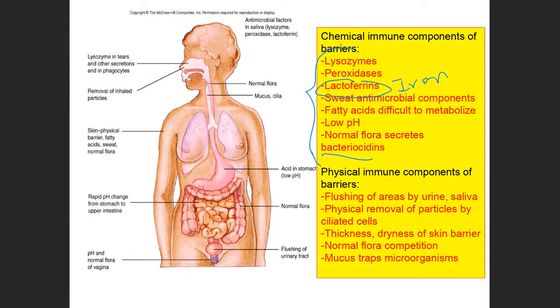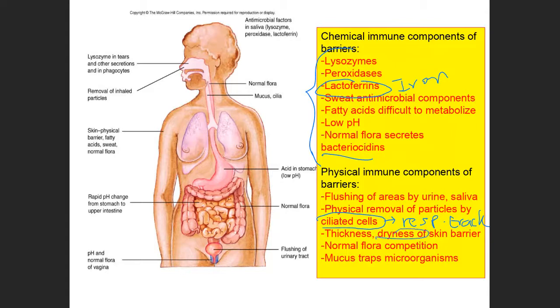So the physical components will be, again, just the washing by urine or saliva of an area that physically removes microorganisms. Ciliated cells, and if you remember from last semester, ciliated cells lined the respiratory tract. Most of the respiratory tract was lined with pseudostratified ciliated columnar epithelium, so that cilia traps microorganisms and sweeps them out of the body.